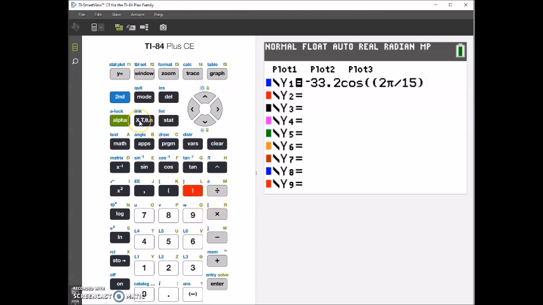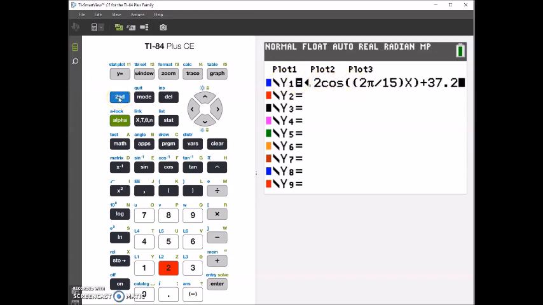In my equation on the paper, I'm going to use t, but here I'm just going to use x because it really doesn't matter. And then plus 37.2. Okay, so now my graph is in y1, and it will show up when I graph it.